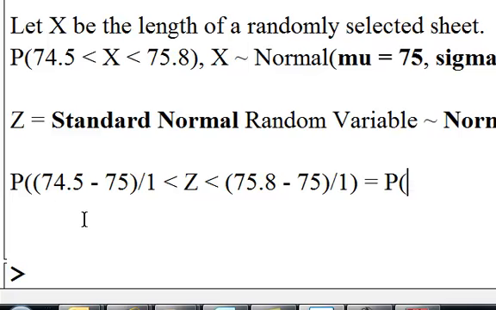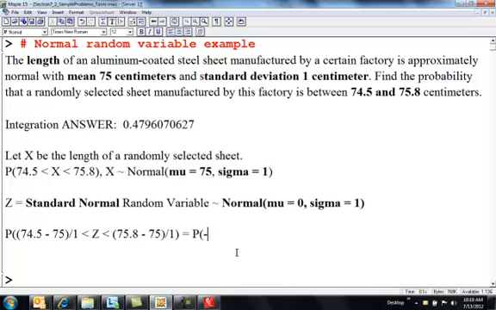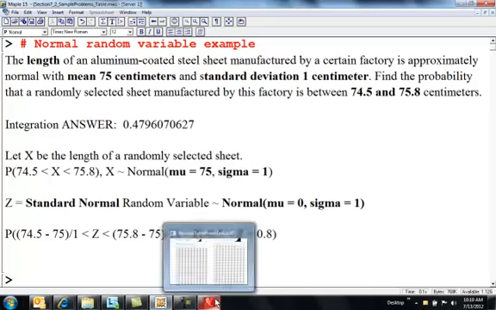Let's see, 74.5, isn't that negative 0.5, is less than z is less than 75.8, should be 0.8. So I'm trying to find the area under the z curve between negative 0.5 and 0.8. So let's go back to this curve.